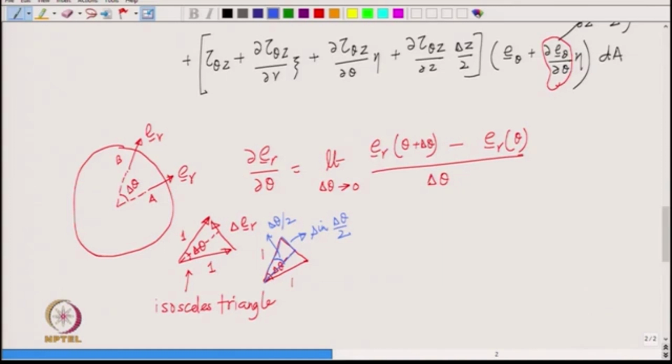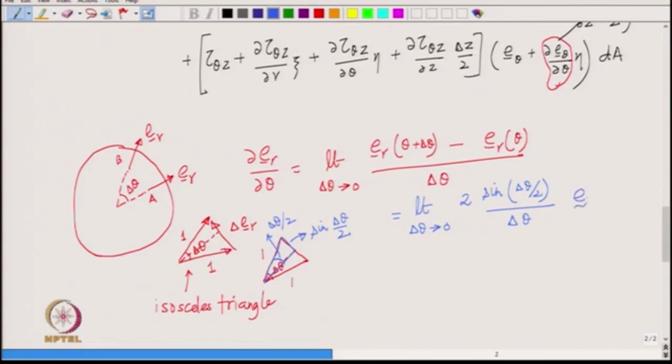And what is the direction? Suppose it is some direction E. So, we could write here, this is limit delta theta going to 0, 2 times sine of delta theta by 2 over delta theta, and the direction is some direction E.